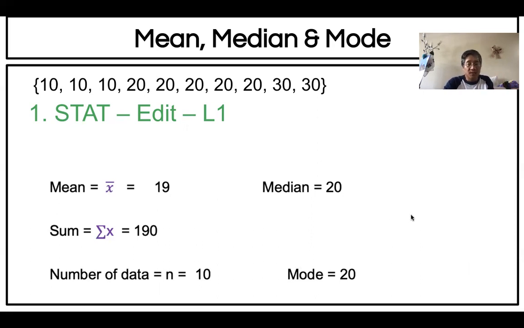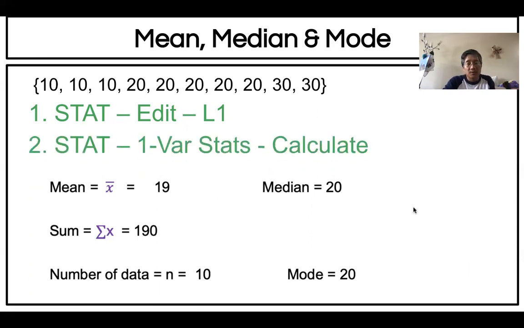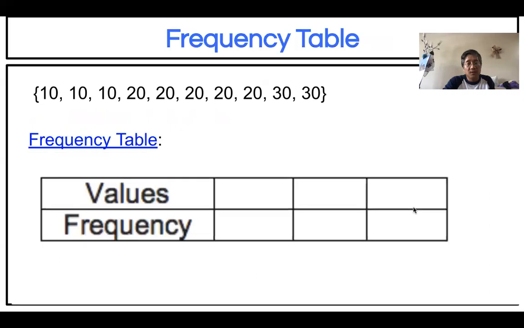So we call it a frequency table. Let's make the frequency table here. What are the values? How many different values do you have? 3 different values, right? Which are 10, 20, 30. So we have the values and the frequency, how many times.